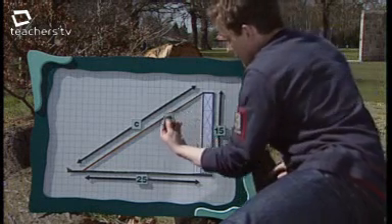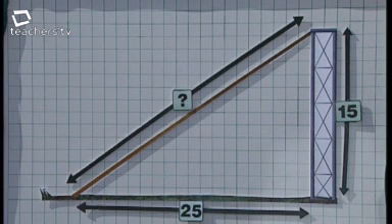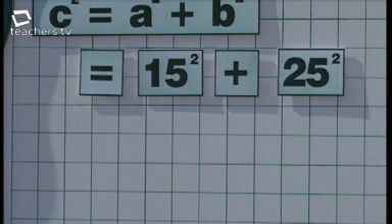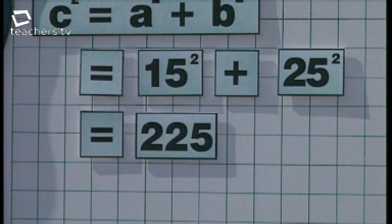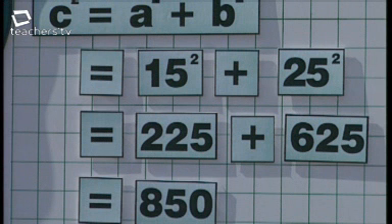But we don't know what C is. Using our formula, C squared equals 15 squared plus 25 squared, which equals 225 plus 625, and that equals 850.